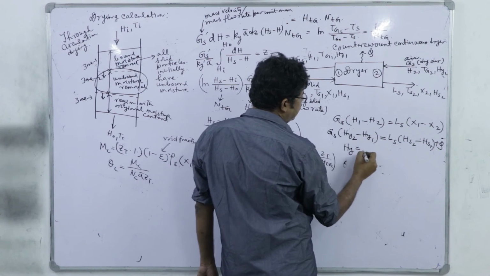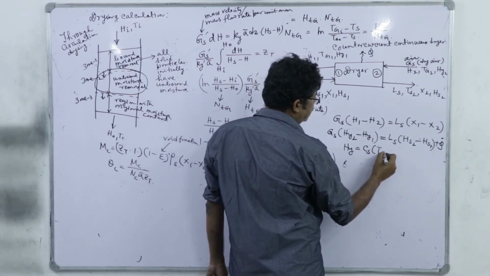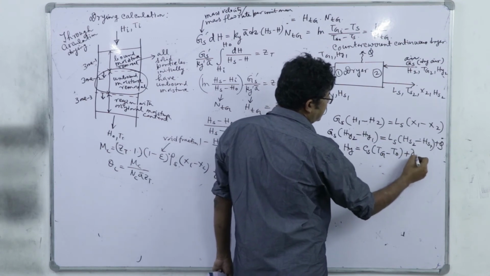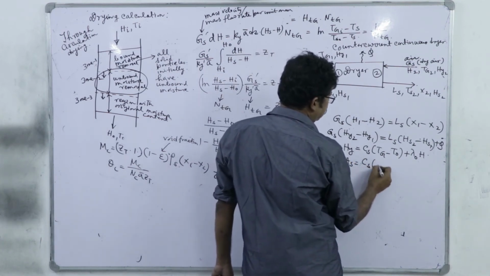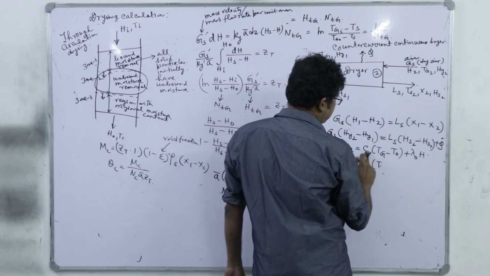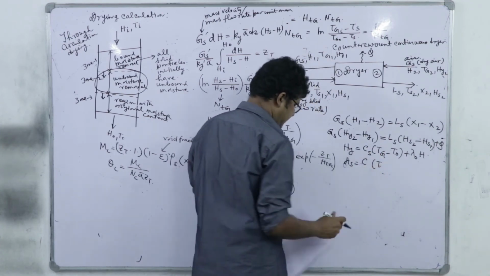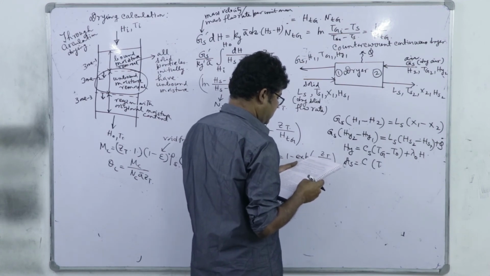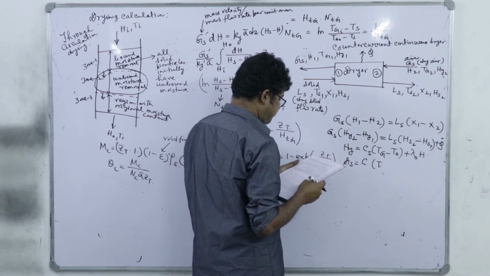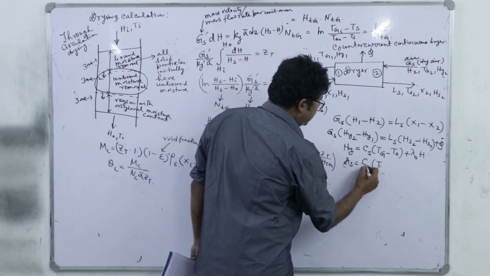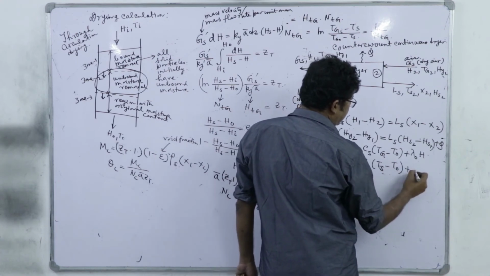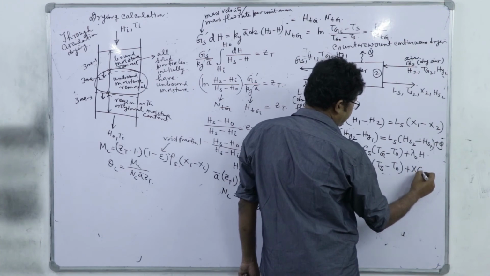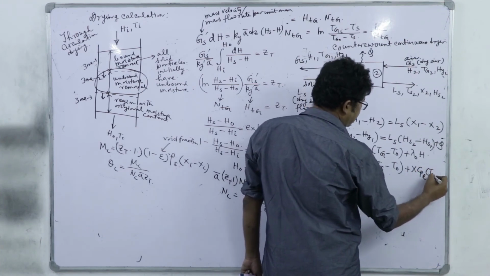Hy, you know, is CS into Tg minus T naught plus lambda naught into H, whereas HS we can write as CPS, the dry solid specific heat, into Ts minus T0, plus X into CPL into Ts minus T0.